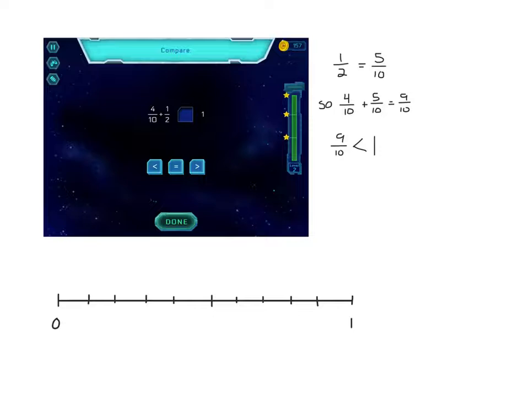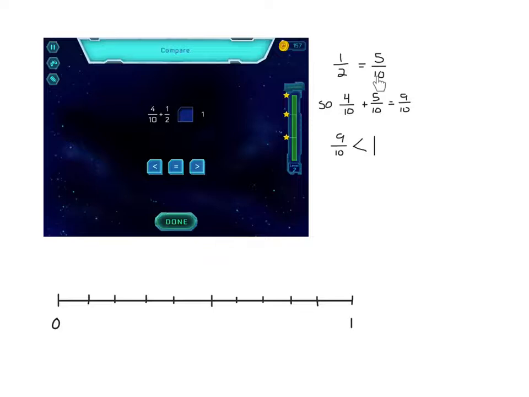All right, let's compare this one. I want to compare 4/10 plus 1/2. Is it greater than, equal to, or less than 1/2? Well, a few things you have to know here. 4/10, before I can add it to 1/2, I need to have a common denominator. These are 2 different denominators, but watch what 1/2 is equivalent to. 1/2 is equivalent to 5/10.